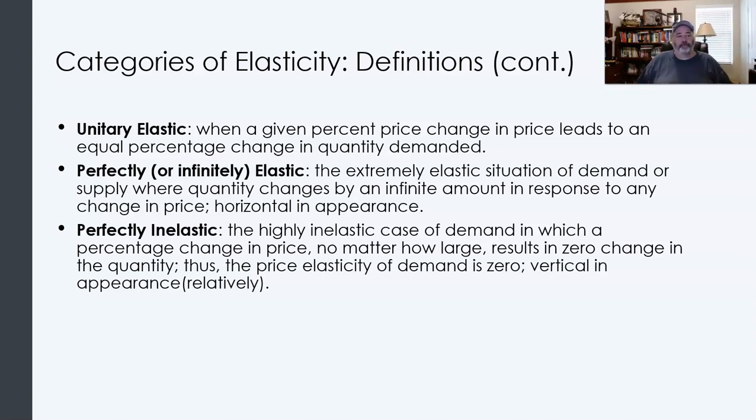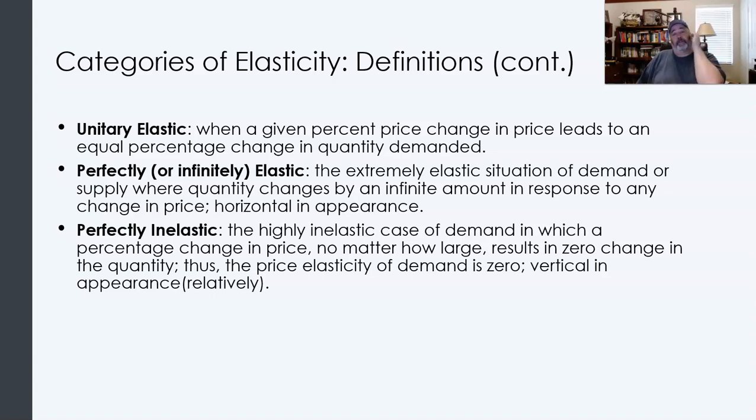Boom. There's this idea of perfect elasticity, and it's not really a real thing, but it means that quantity can change by an infinite amount in response to any change in price. That would be a perfectly horizontal demand curve. Not really real. You can also have perfect inelasticity.